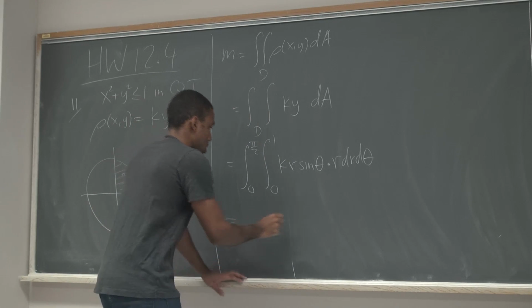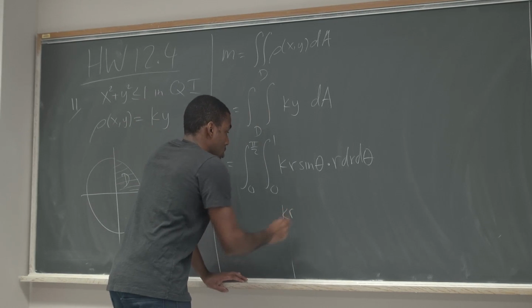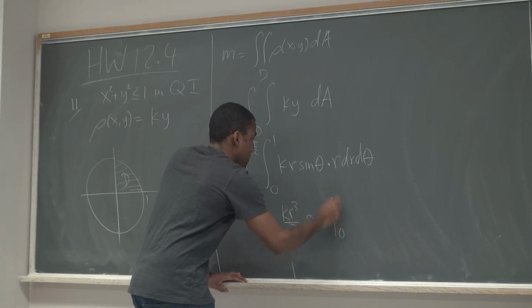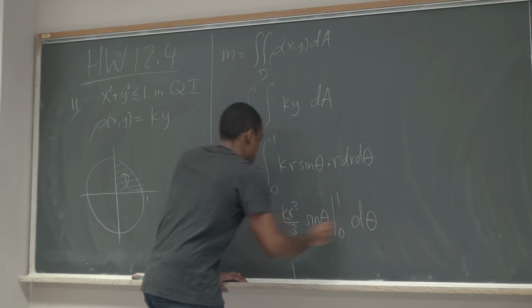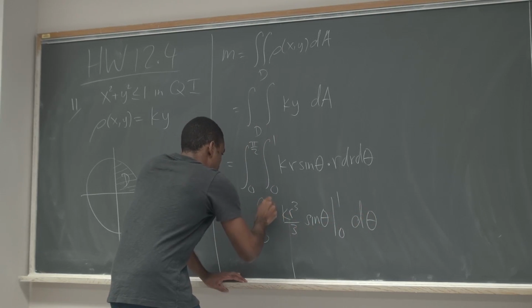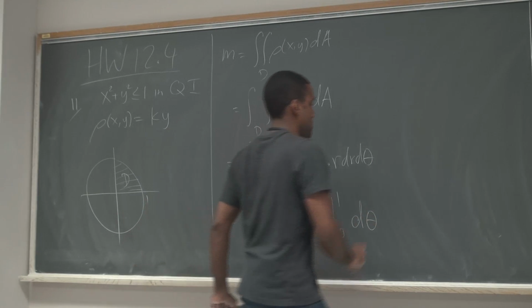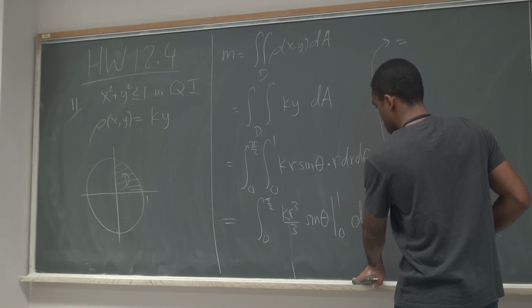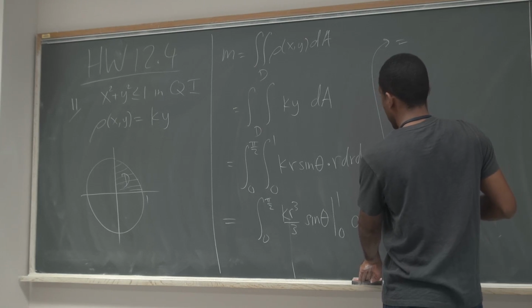Then I'm going to integrate this. This is k r cubed over 3 times sine theta. I'm going to plug in a 1 and a 0, so that's just going to be k over 3.